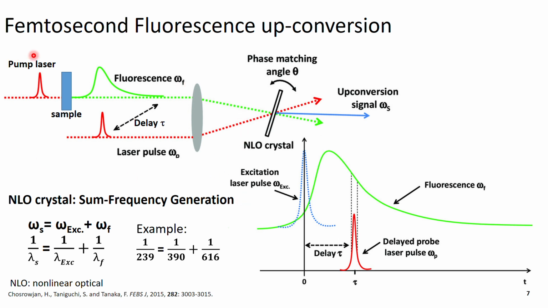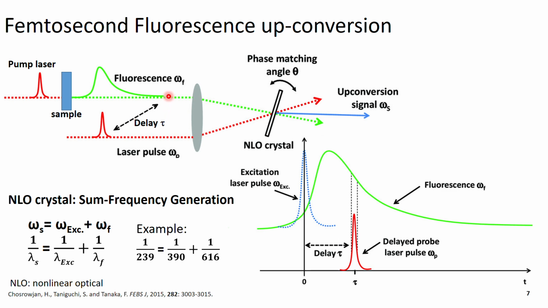And in this setup, we use one pump laser to excite the sample, and we make the sample produce a fluorescence signal. And then we need another laser pulse.